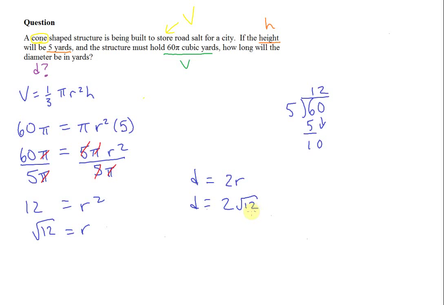So 12 is a pretty big number to have inside the radical. If 12 could be broken into or factored into some perfect squares, we could square root them and take them out. We could simplify it a little bit more. So 12 could be written as 2 times 6. Is 2 a perfect square?